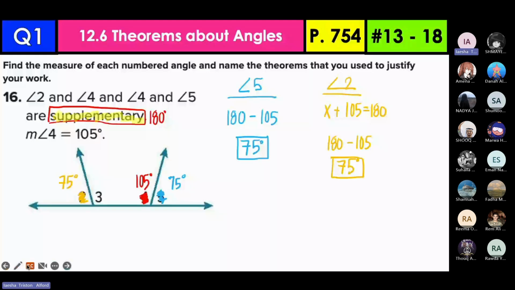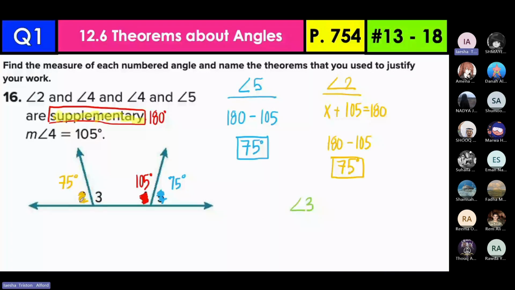How can you find the measure of angle 3? X plus 105 equals 180. Close, but we want 3. They don't say anything about 3.